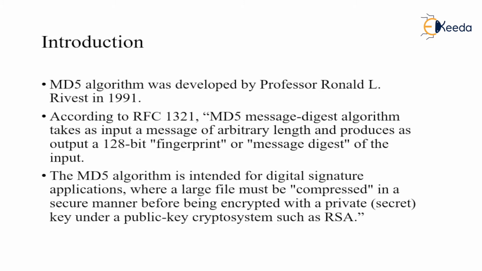The MD5 algorithm is intended for digital signature applications, where a large file must be compressed in a secured manner before its encryption process, and it is done with the help of a private, or we can even consider it as a secret key, under a public key algorithm or a public key crypto system.